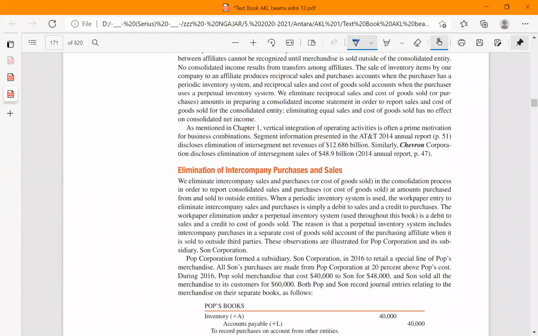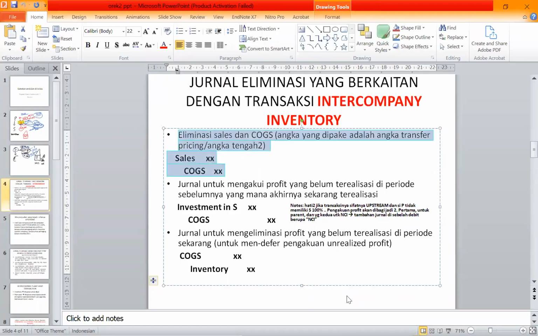Basically there are three journal entries that we need to make related to the intercompany inventory transaction. The first one is that we have to eliminate the sales and cost of goods sold, which is related to the transfer pricing. I will explain it later. That's the first journal entry.